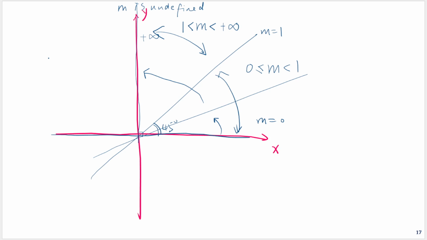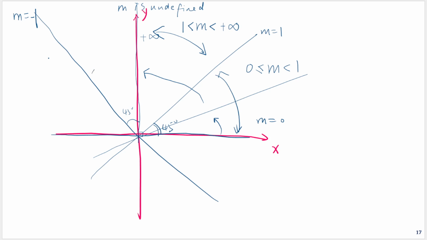And once the line is here, when this angle is 45 degrees, we have m equals -1, right? Because tangent 45 degrees is 1, negative tangent 45 degrees is -1.